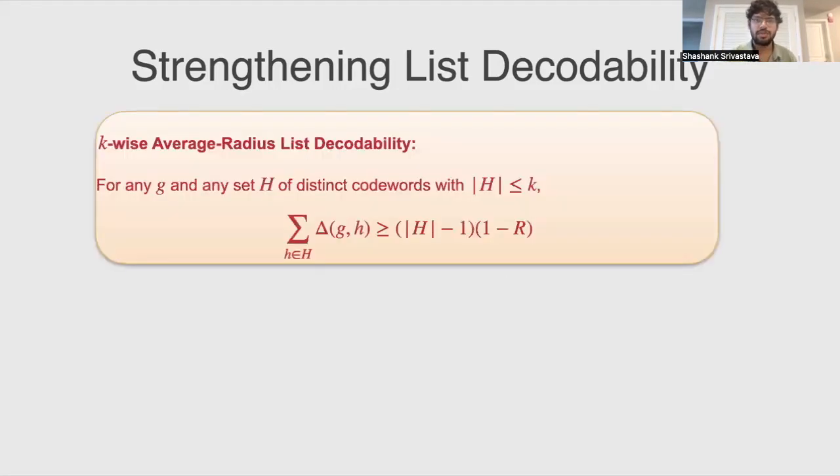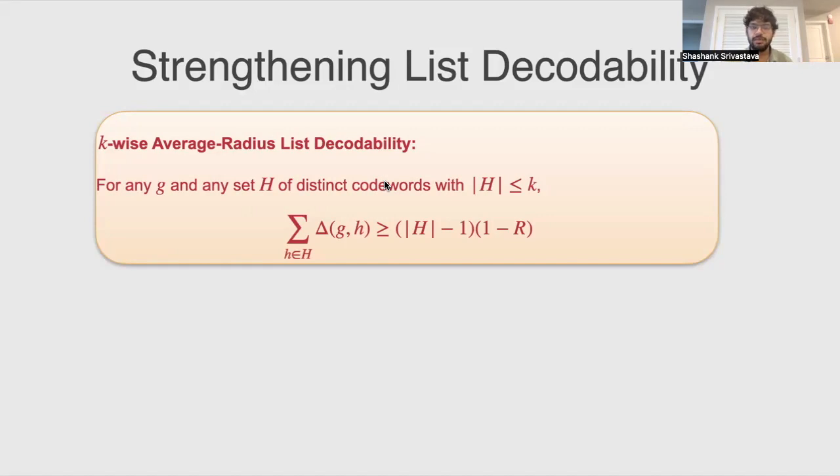So the specific property that we use is k-wise average radius list decodability. This average radius list decodability just says that we look at any G, which is to be thought of as a corrupted code word or like a center of a Hamming ball, and any set H of distinct code words with the number of code words being at most k.